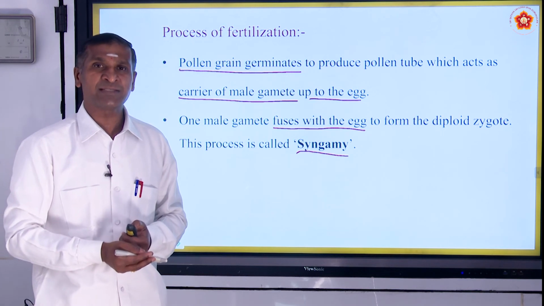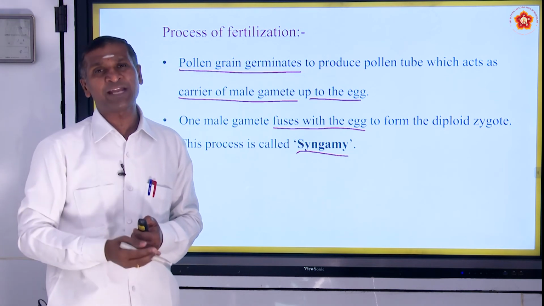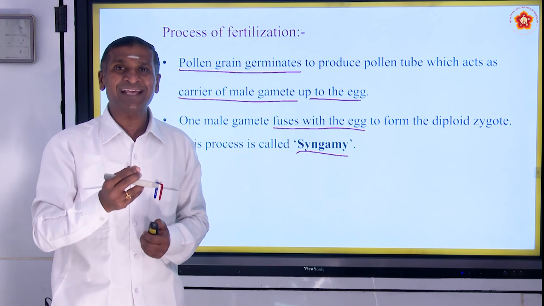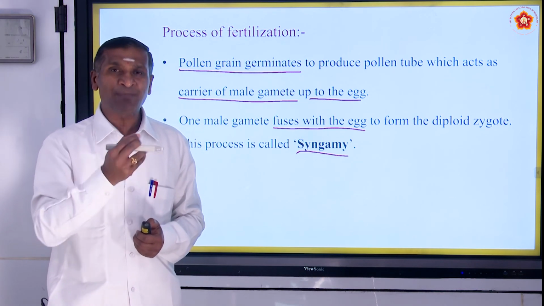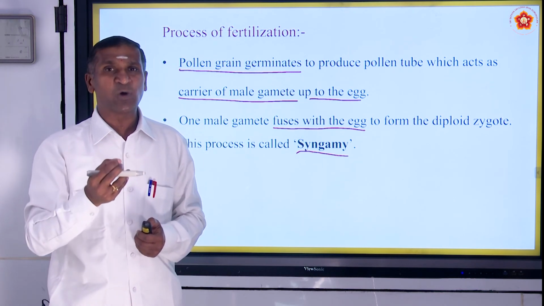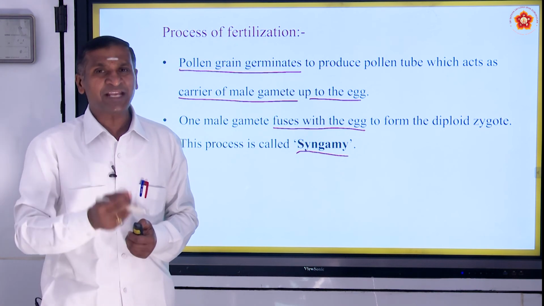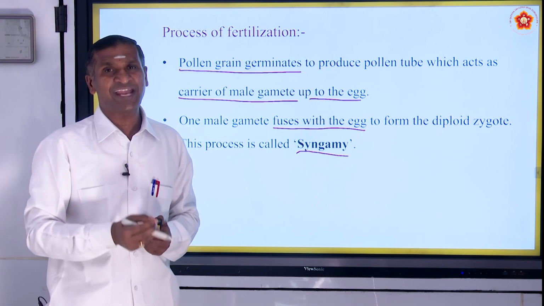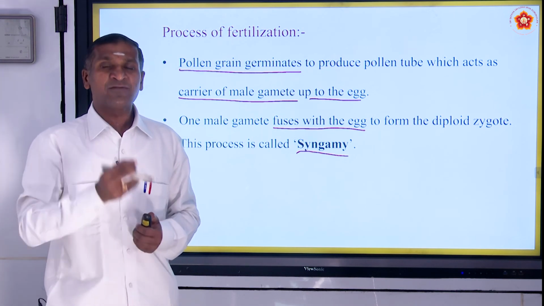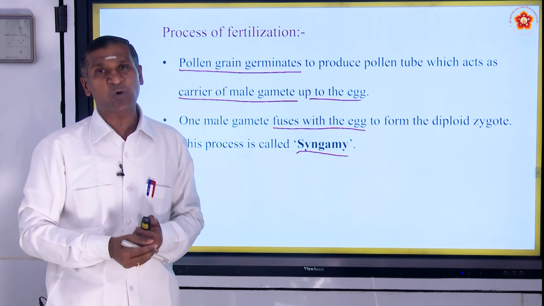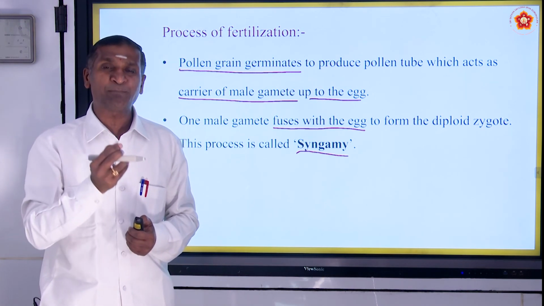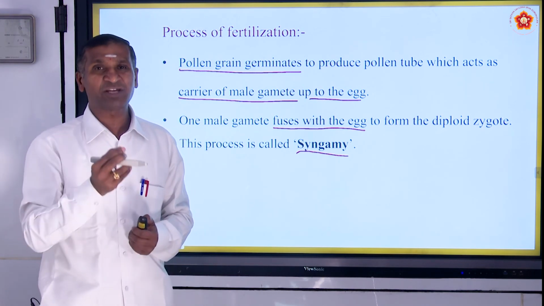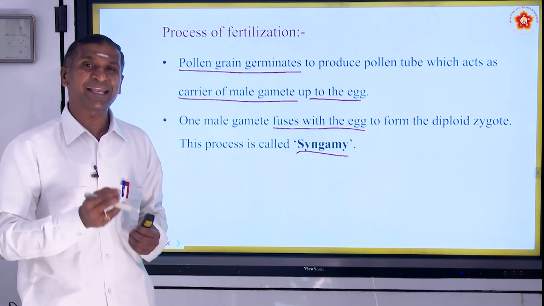The first thing is a pollen tube is formed, which carries the pollen grains from the stigma to the ovary. Second point, one male gamete fuses with one egg in the ovary to form a diploid zygote, which we call syngamy.